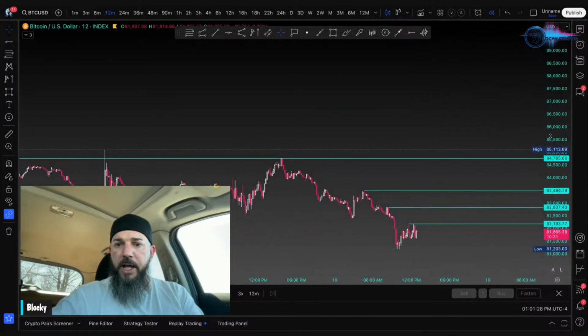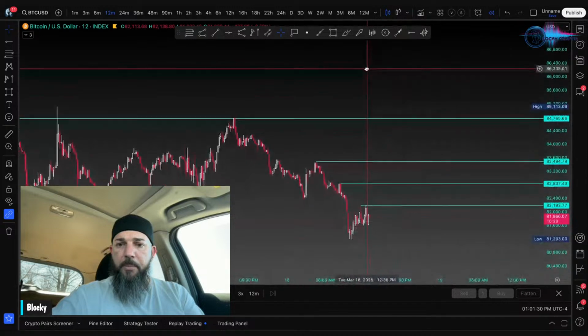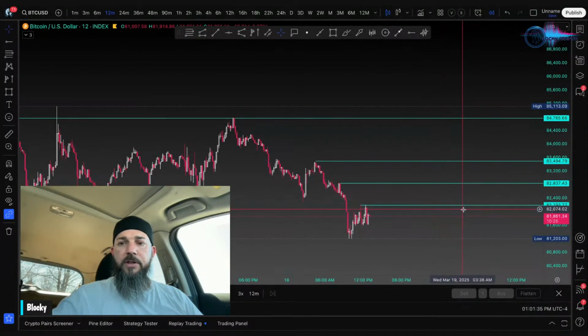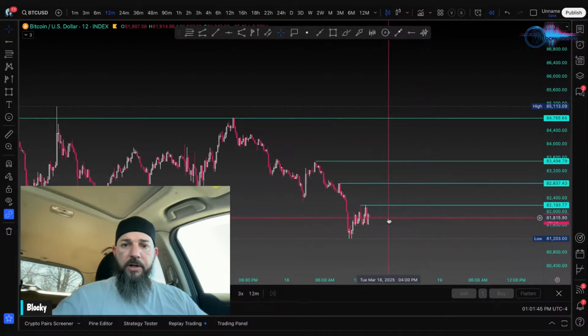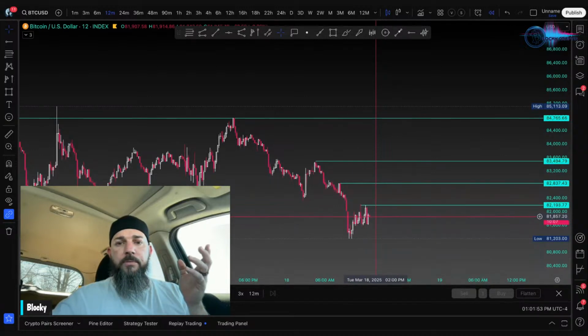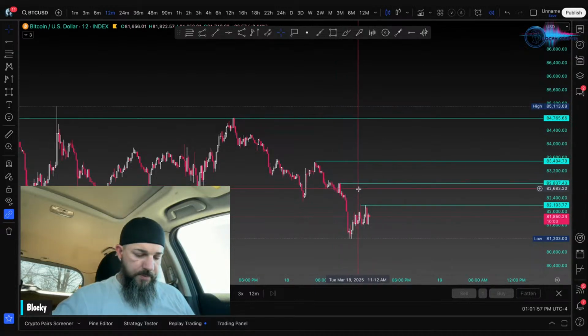So for me, it's getting above 82,193, 82,200. We get above that, start supporting. We're now starting to break structure. Get above 82, breaking more structure. So I don't know the answer to that question fully, other than waiting for, you know, lower highs to get broken.